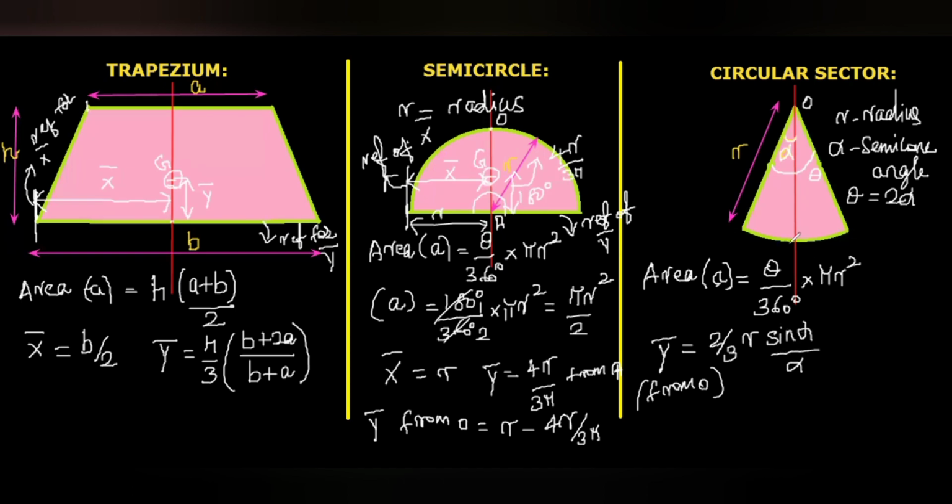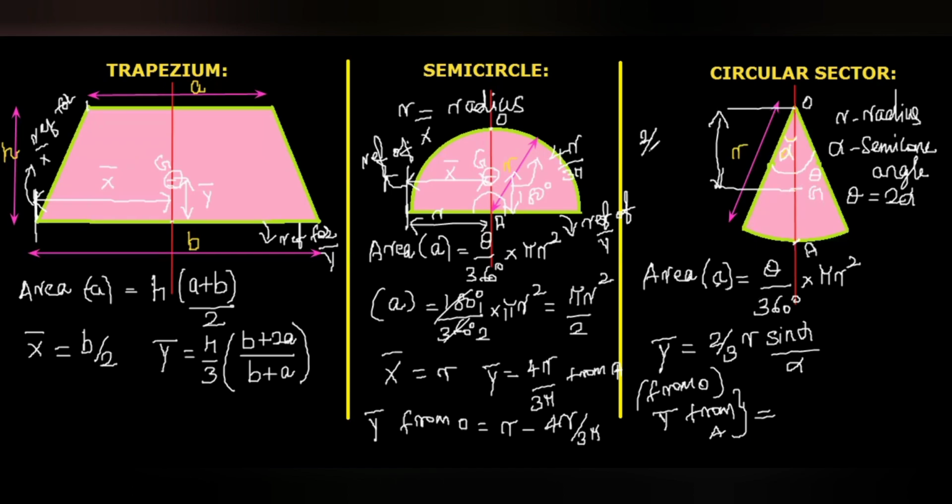If you need y bar from point A, in case this is G, they have given this distance as 2 by 3 r sine alpha by alpha.